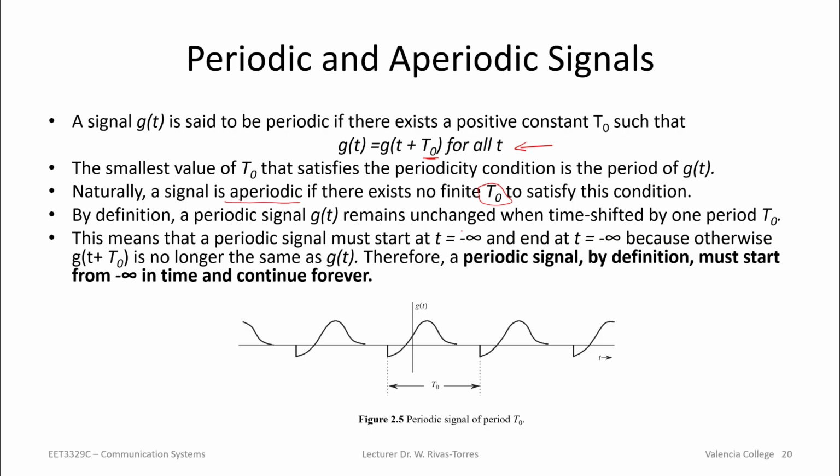Another way of looking at a periodic signal is that it remains unchanged when shifted by one period. So if you define a period T0 and you shift time by that period, you should have the same signal again, right? That's a definition, or a characteristic, of periodic signals, which is what our example is showing you in this figure.